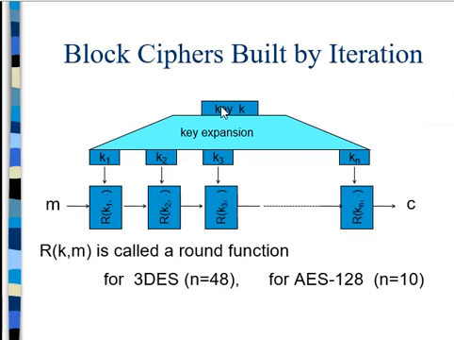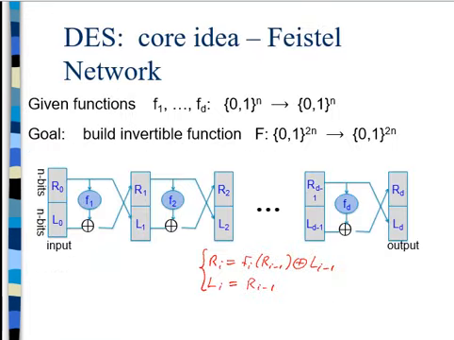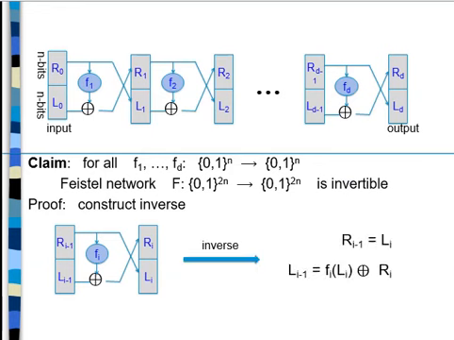From this master key, we try to generate several subkeys, and each subkey is used in one round of the DES algorithm. Today we will explain how this happens and how it works. That was the history of this.